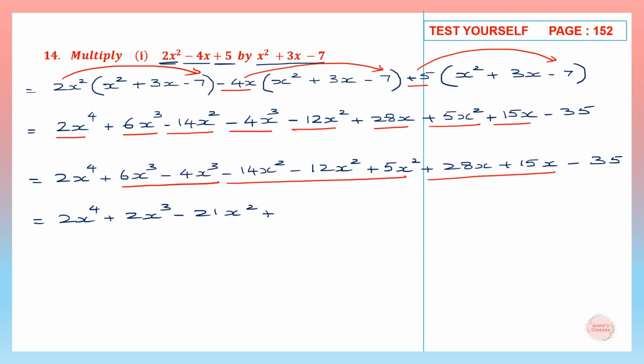Put the same sign and add. 28 plus 15 is 43. 43x minus 35. So now these are all unlike terms. You can't do anything more to it. So this is your final answer. And what is that? 2x to the power of 4 plus 2x to the power of 3 minus 21x squared plus 43x minus 35.